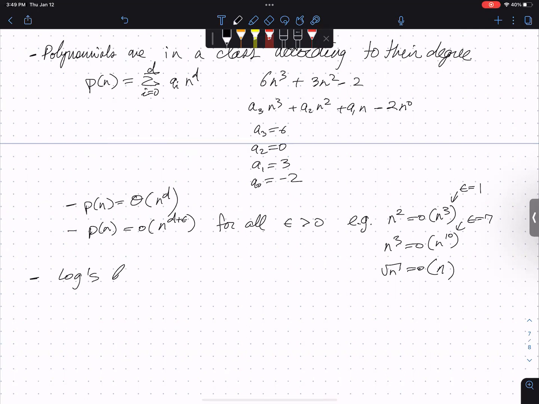The base of logs doesn't matter. That's another rule of thumb. And the reason is this.